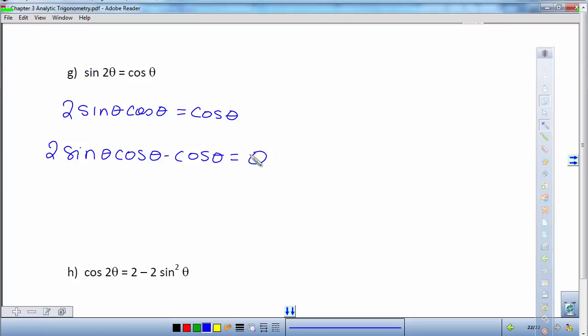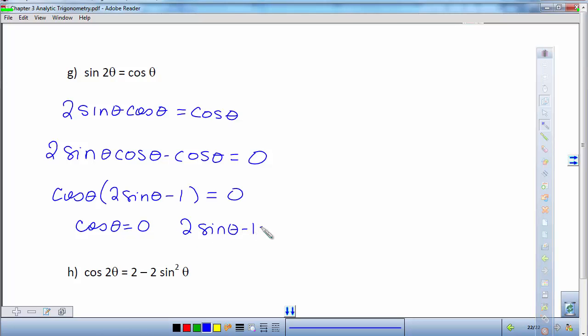Now what can I do? What have we been doing in almost every problem? Factoring. I can factor out cosine theta. We're left with 2 sine theta minus 1 equals 0. And so we need to know where cosine theta is equal to 0 and where 2 sine theta minus 1 is equal to 0. So we get theta equals what?